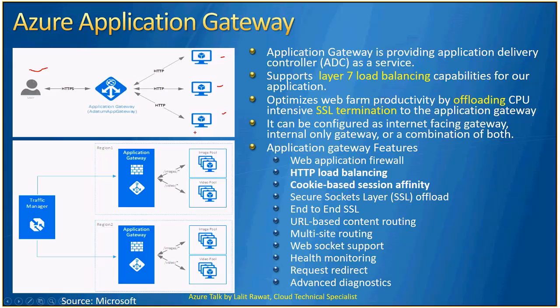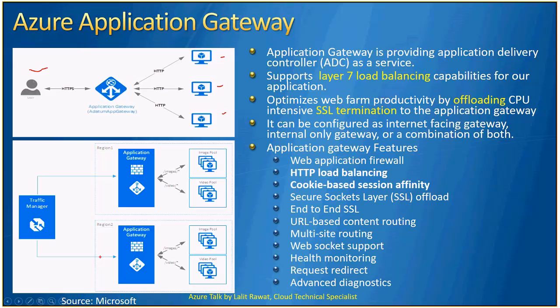In a similar way, if you configure the traffic manager on top of the application gateway, how will it work? The request will be routed to the traffic manager, and the traffic manager has to decide based on the regions, whether to route the request to region 1 or region 2.